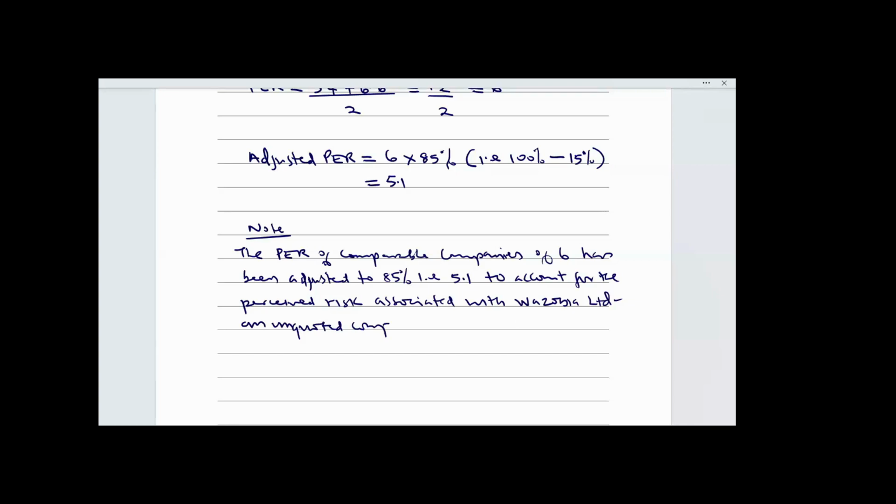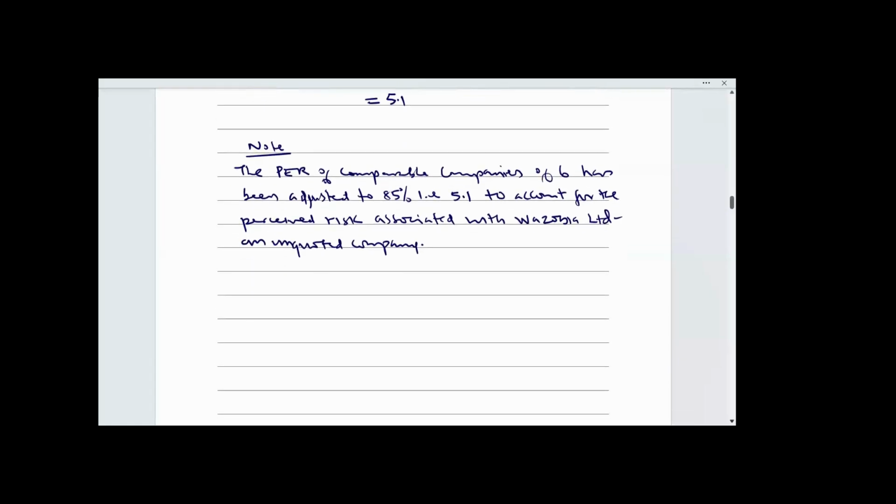Okay. So I've told the examiner the basis of my P ratio and the reason why I adjusted for the P ratio. Okay. So I need to go and determine the earnings that I'm going to use.